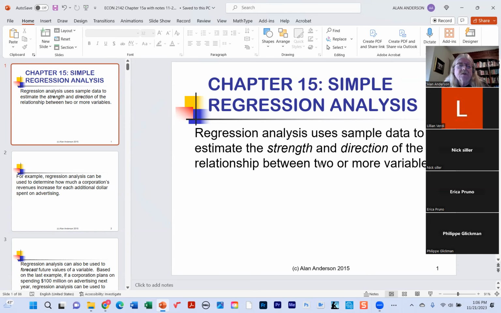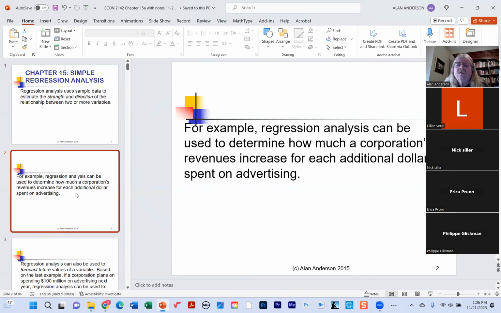And so first things first, let's look at a quick example. What if, for example, you're working in the marketing division of a corporation and they would like to know if the money they are spending on advertising is actually helping. They'd like to know how much each extra dollar of advertising is contributing to their profits, for example. They can easily do this with regression analysis, because that's what it's designed to do.